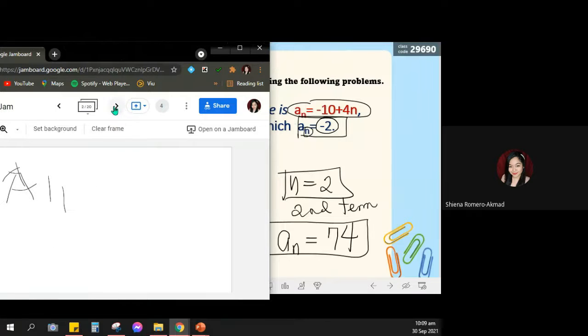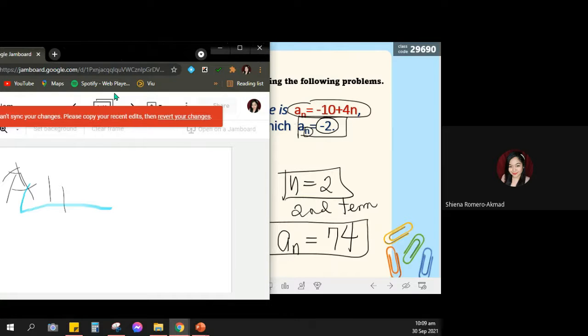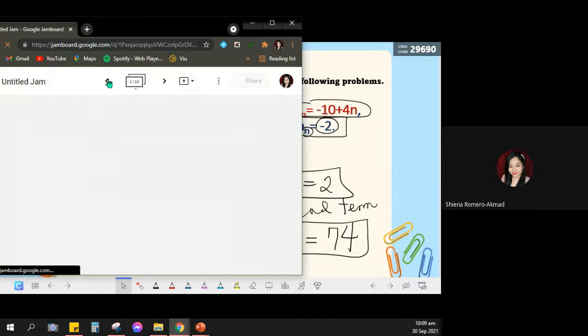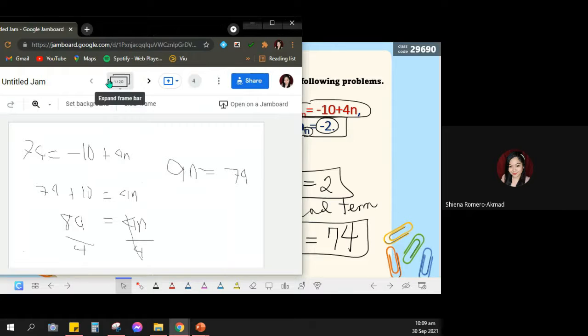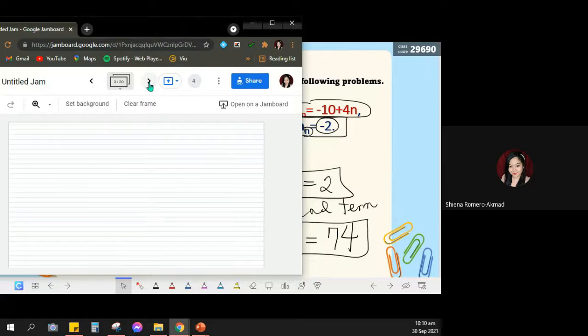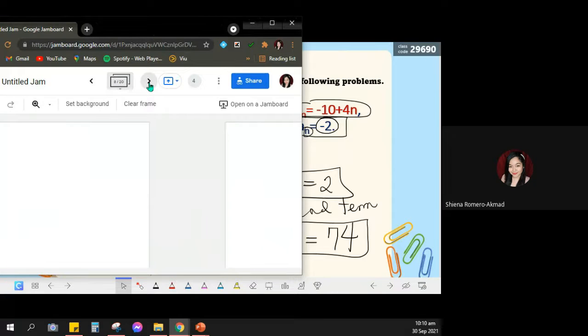O, yung iba, magsagot na rin. Ang daming frames dito. Magkanya-kanya kayong frames.